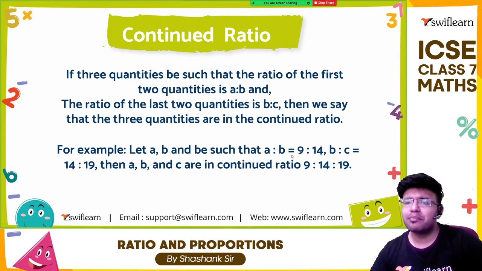Yes, so A by B is 9 by 14, B by C is 14 by 19. So A is to B is to C is equal to 9 is to 14 is to 19.